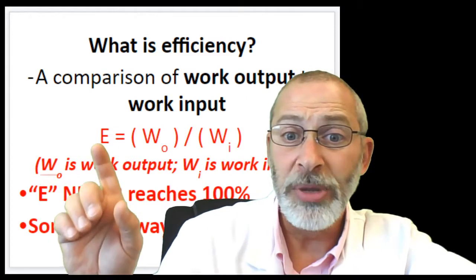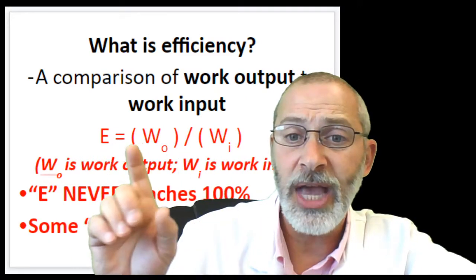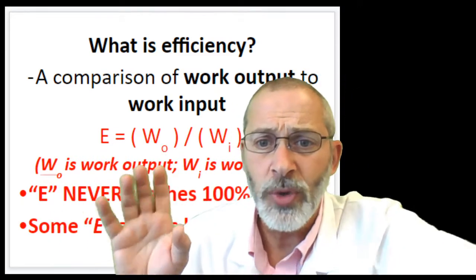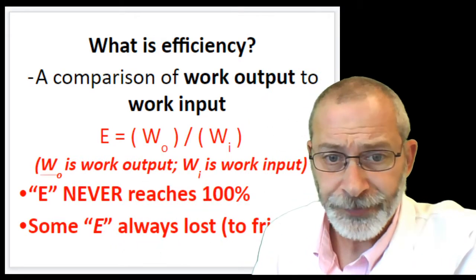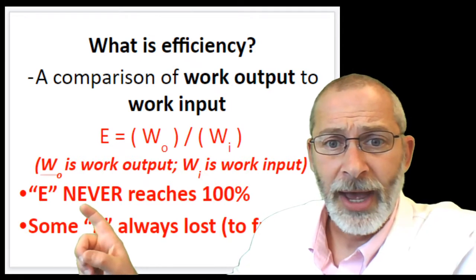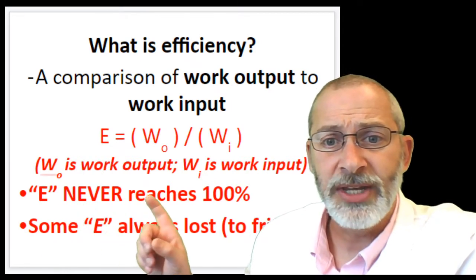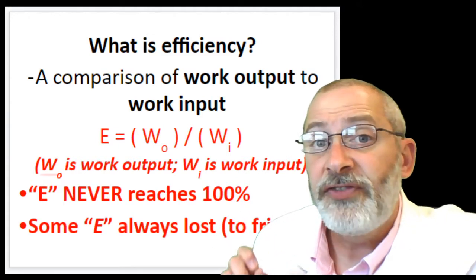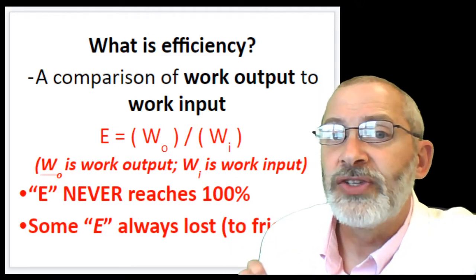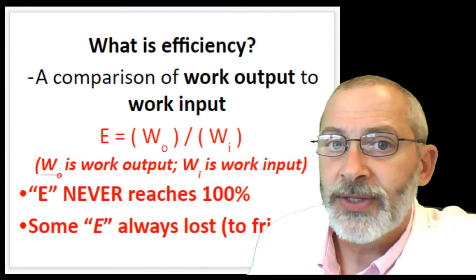Efficiency. You will be calculating efficiency, however, and I do want to make sure I point something out here with efficiency. I made the comment that efficiency never reaches 100%. Efficiency has no units.